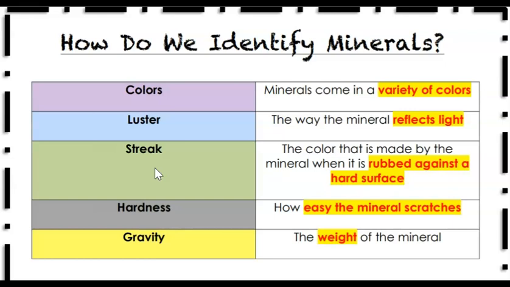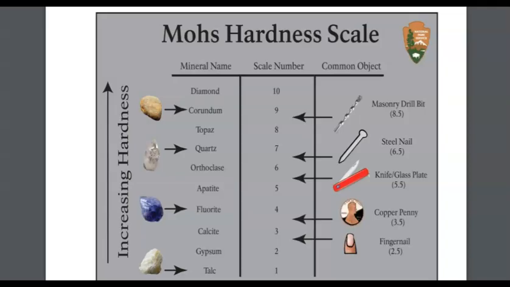And then gravity, weight, that really depends on how it was mined and how it was found. Make sure that you are using this to really identify your gemstone. And remember, if you want to go back and look at the Mohs hardness scale, you can. That's why I also put it at the end of this presentation, just in case you wanted to compare it to anything else.